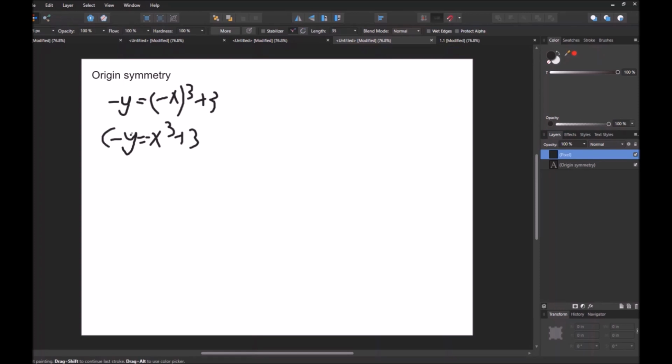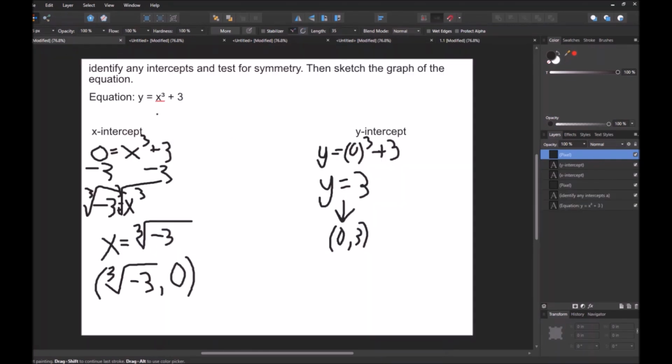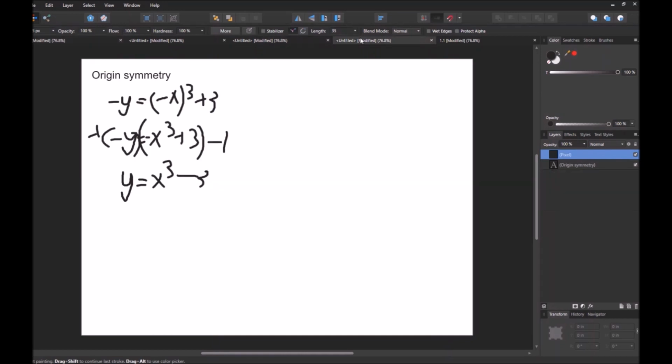And then we're going to multiply both sides by negative 1. And so we get y equals x cubed minus 3. Which is, it's not the same as the original equation. So this does not have origin symmetry.